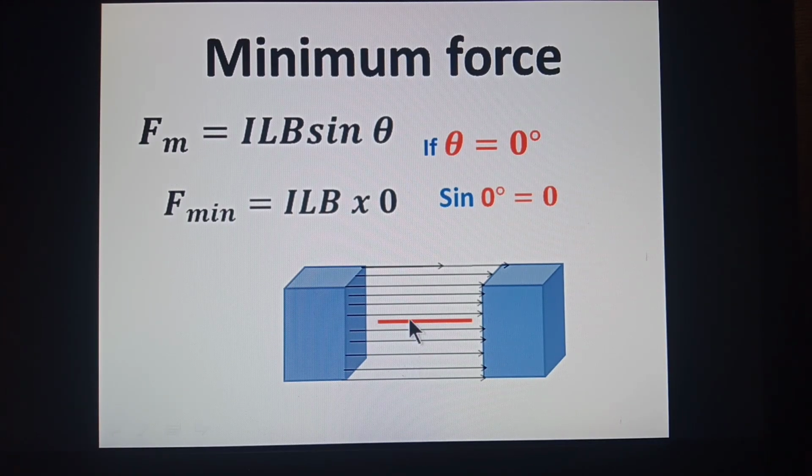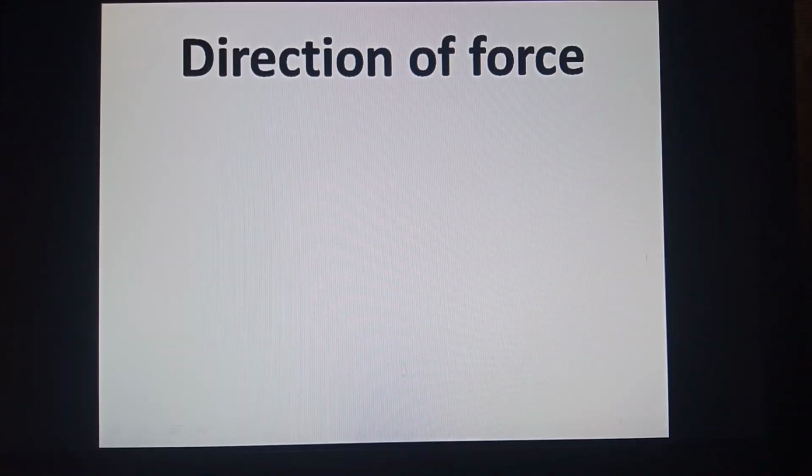Angle made between the current carrying conductor and magnetic field is 0. So sine of 0 equals 0. Putting this value here, we get minimum force, and that is 0. It means magnetic field exerts no force on a conductor that is placed parallel to the magnetic field. This is all about the magnitude of the magnetic force.